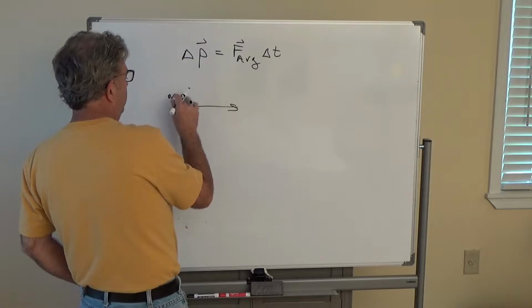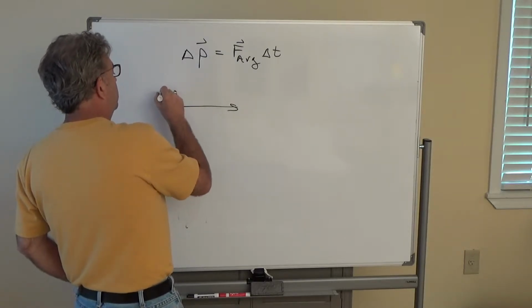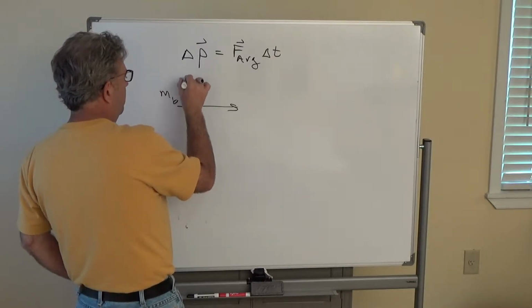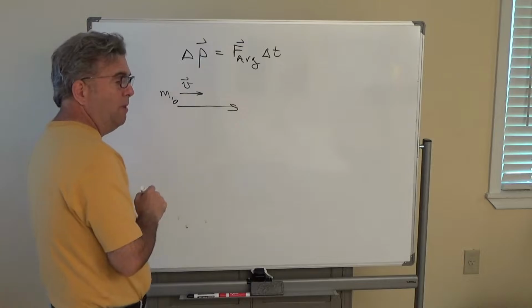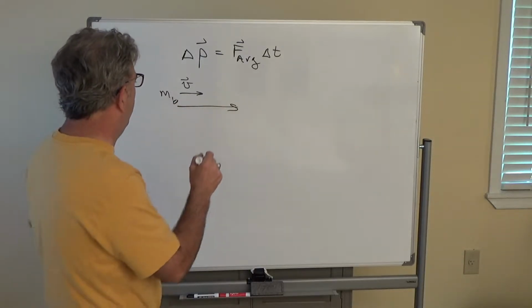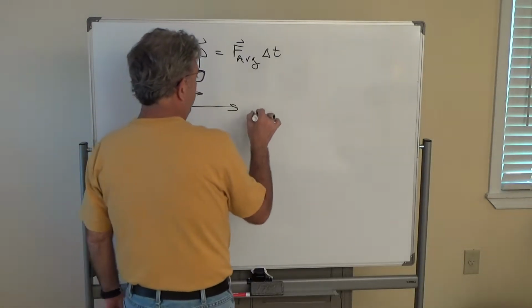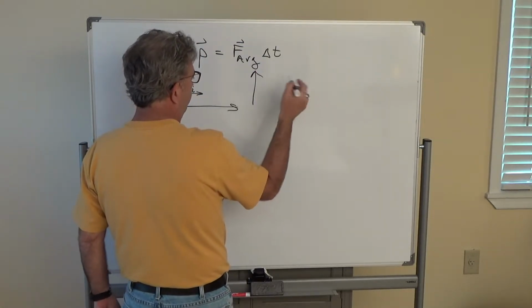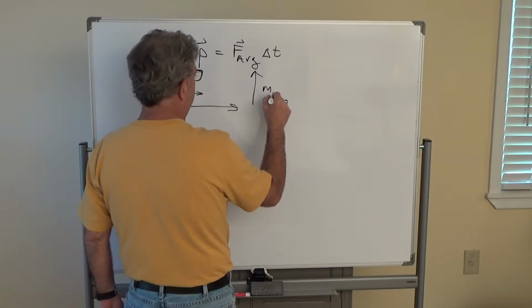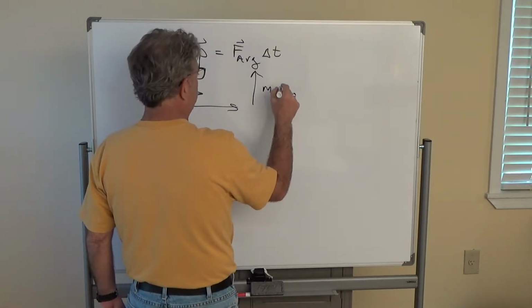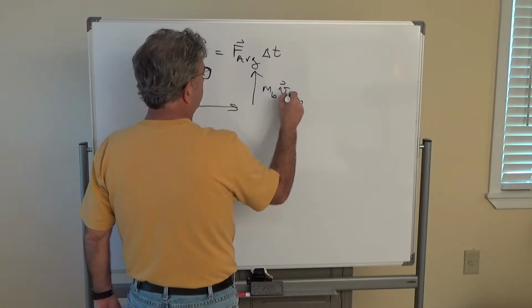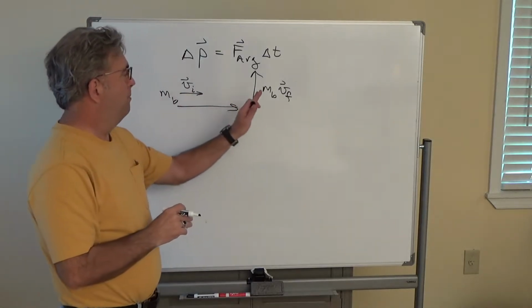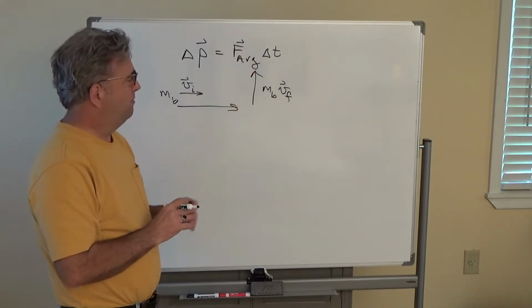So it's M, I'll call it MB, and it has some velocity, all right? So that's its initial momentum, M times its initial velocity. Then it strikes the bat, and I think it's a pop-up, and MB doesn't change. I think they use 145 grams.